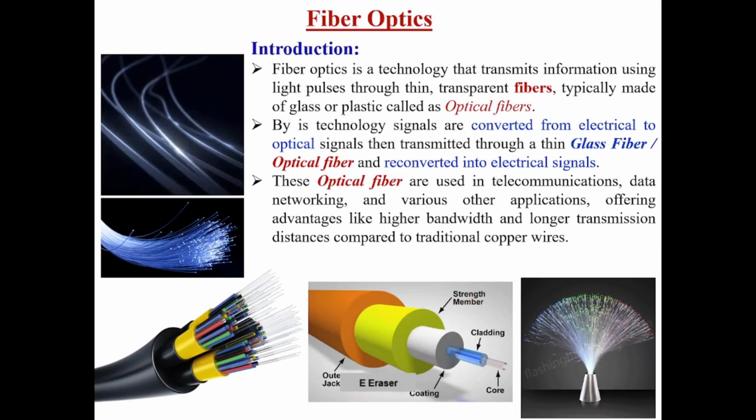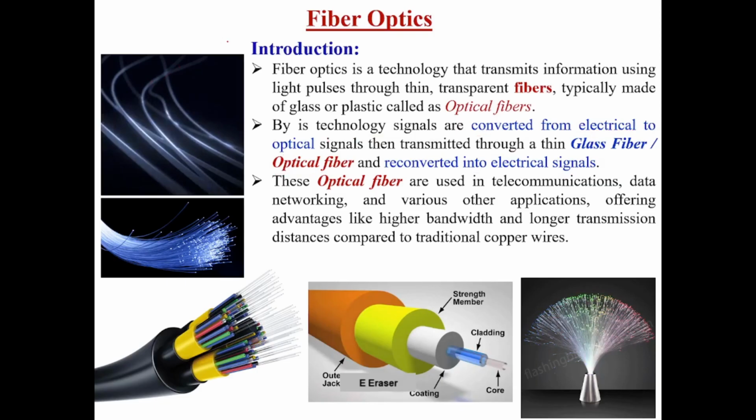By this technology, signals are converted from electrical to optical signals, then transmitted through the glass fiber or optical fiber and reconverted into electrical signals. Suppose I want to propagate one signal through this optical fiber. This signal is first converted from electrical to optical, then transmitted from one point to another, and then that optical signal is reconverted to electrical.